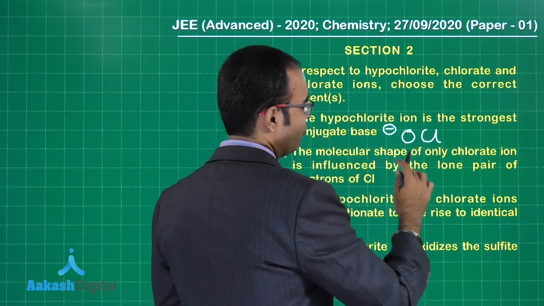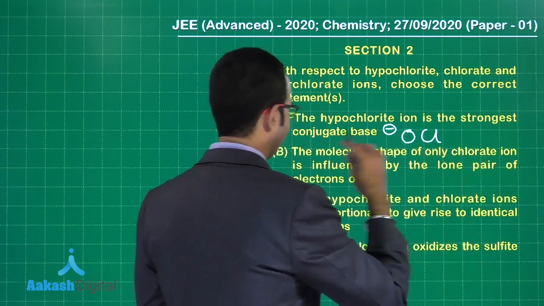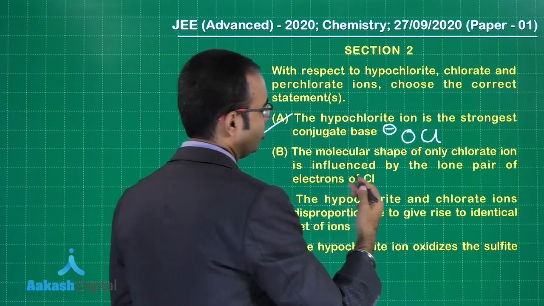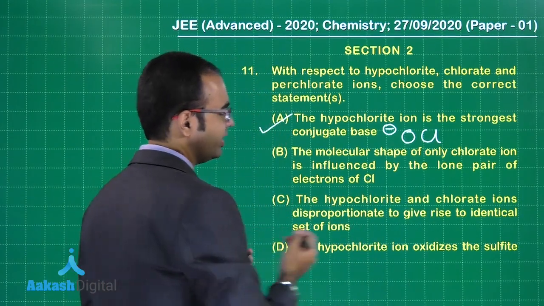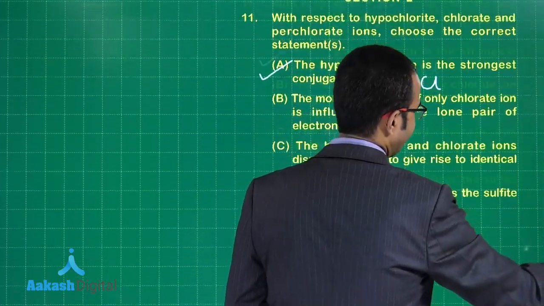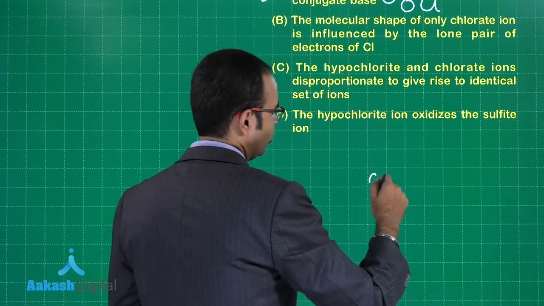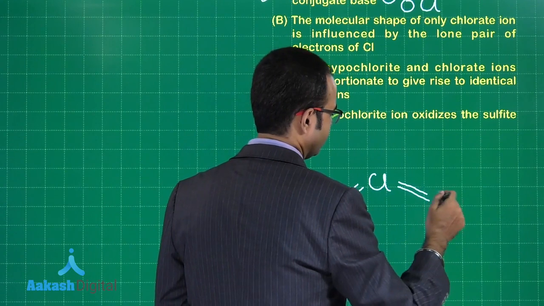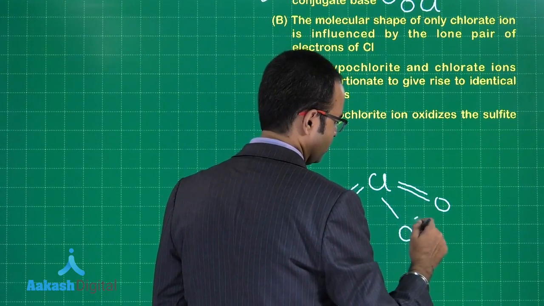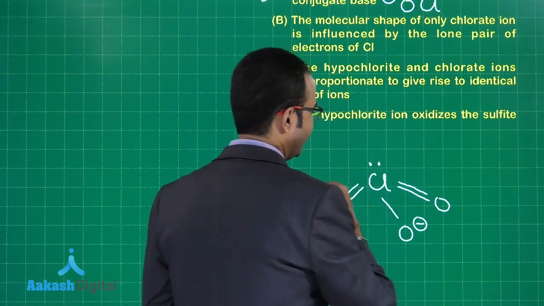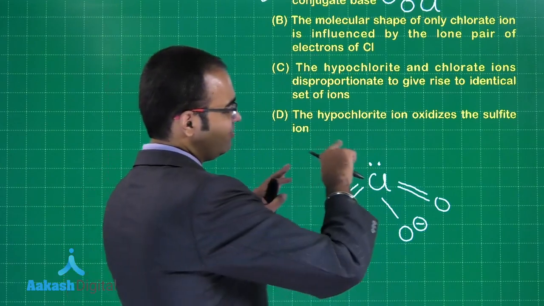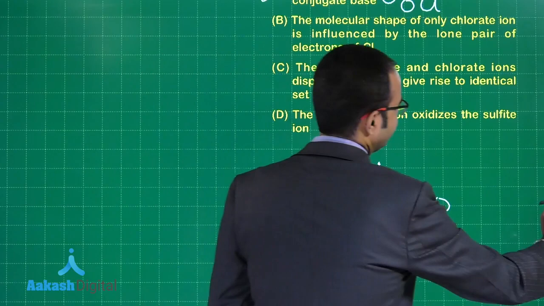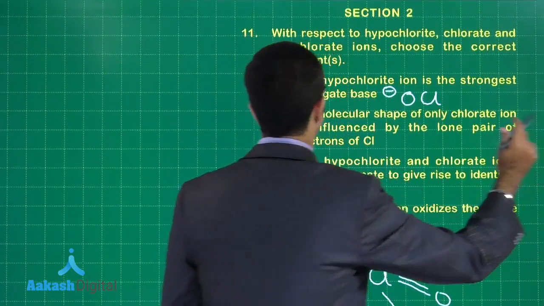Molecular shape of only chlorate ion is influenced by the lone pair of electrons of Cl. Okay. So what is chlorate ion? Let's see. Your chlorate ion is this. So here we have a lone pair. This lone pair obviously will affect the shape of the molecule. Yes. So option B is also correct.